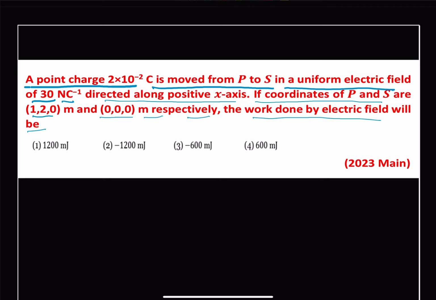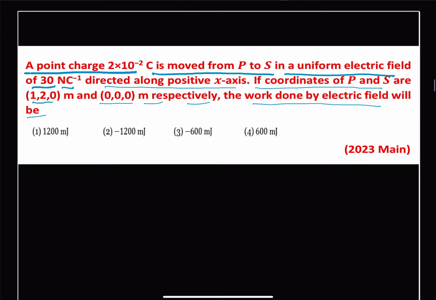So we know that the work done is equal to force and displacement, and force is charge multiplied by the electric field. Here we are given that the electric field is along the x-axis, and the z component is 0, so we can just draw it with respect to x and y.